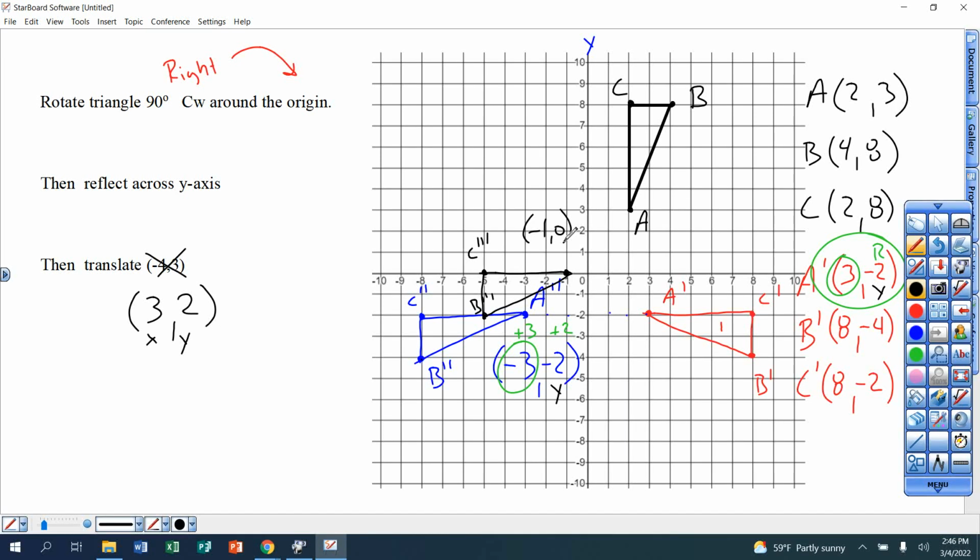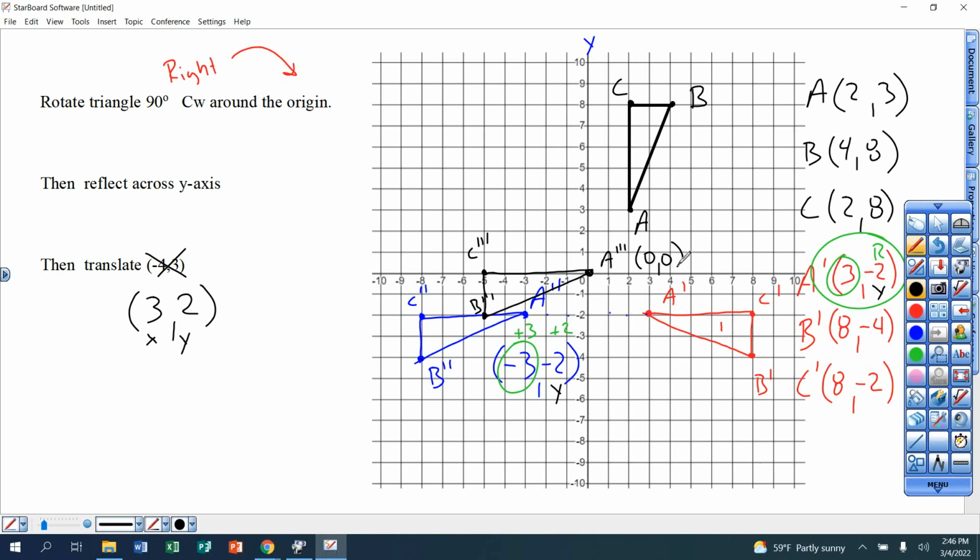Oh, I see what I did. I put that A in the wrong spot. What was I thinking? So A is really right 3, up 2, right here. There we go. Now my math adds up. Now, when I add 3 and 2, I get that new A triple point, which is 0, 0. There it is.